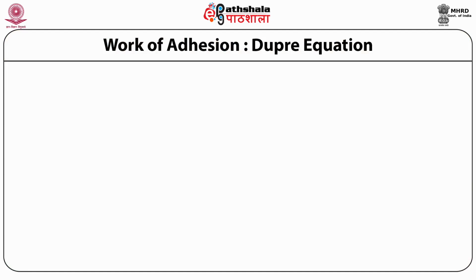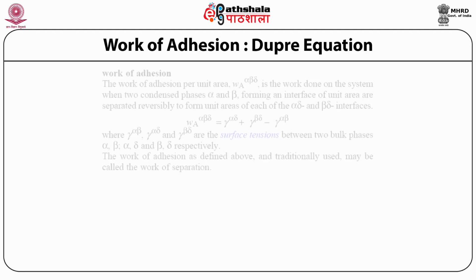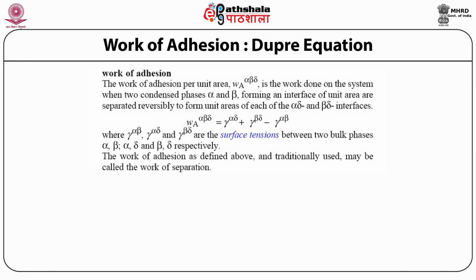Work of adhesion can be calculated by the equation given in this slide. The work of adhesion per unit area, that is W_A, is the work done on the system when two condensed phases, alpha and beta, forming an interface of unit area, are separated reversibly to form unit area of each of these interfaces.